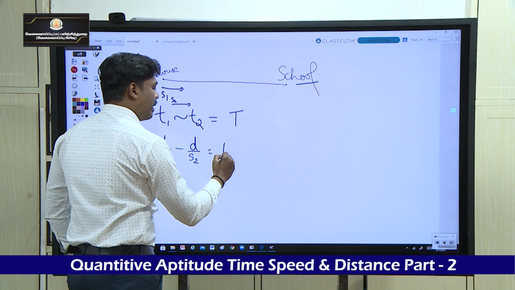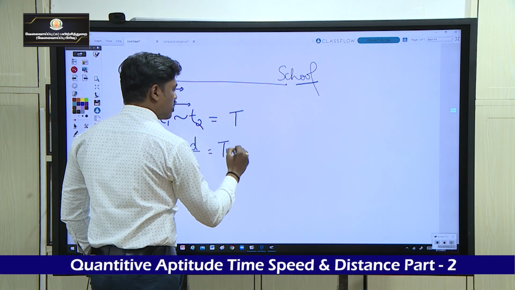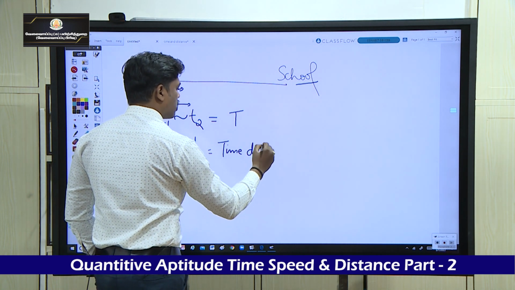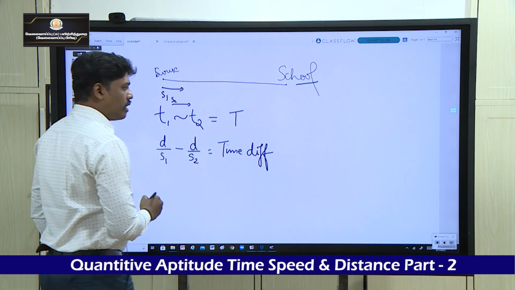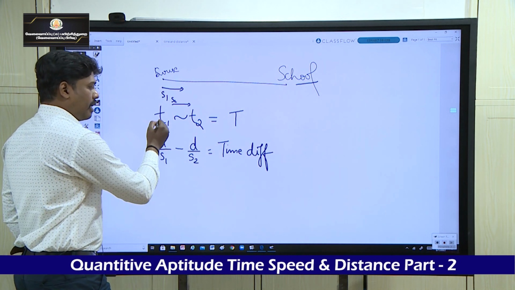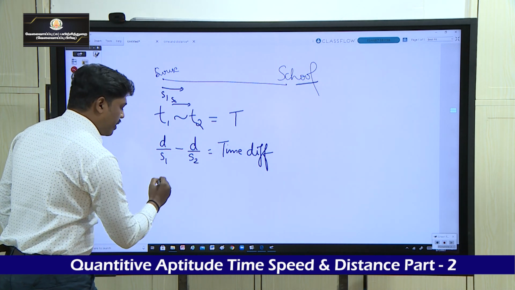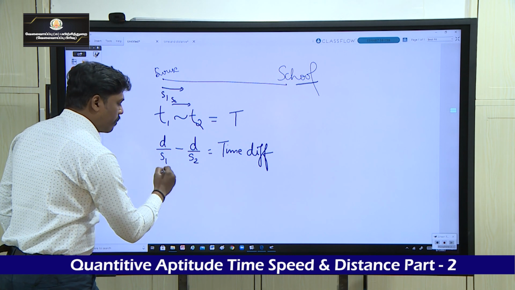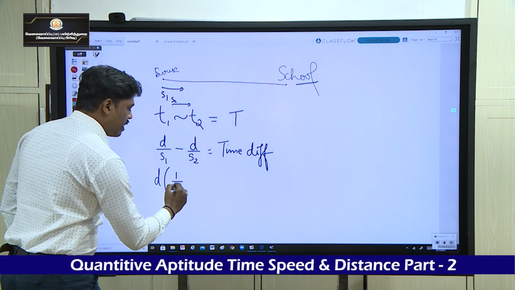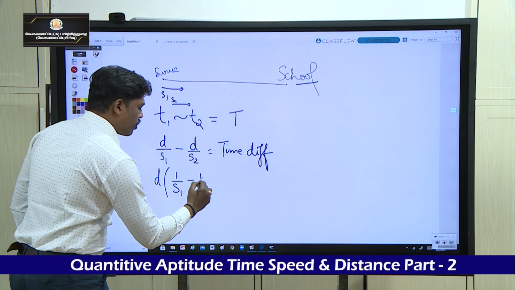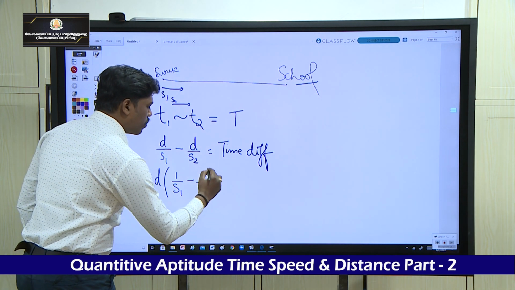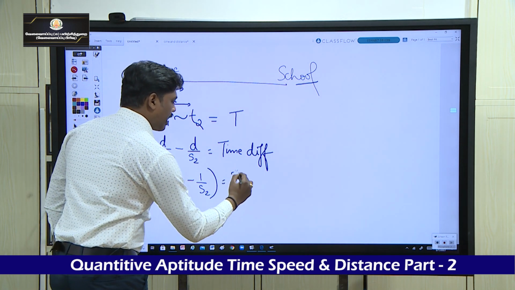That is the time difference, T2 minus T1 or T1 minus T2. So take out D common here. If you take out D common, you will be getting 1 by S1 minus 1 by S2 is equal to time difference.